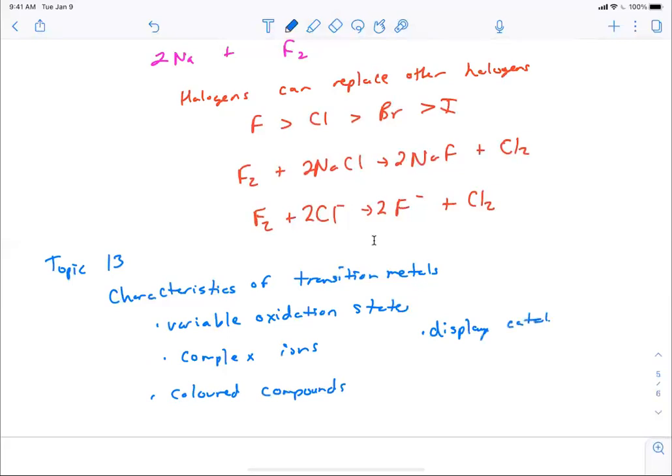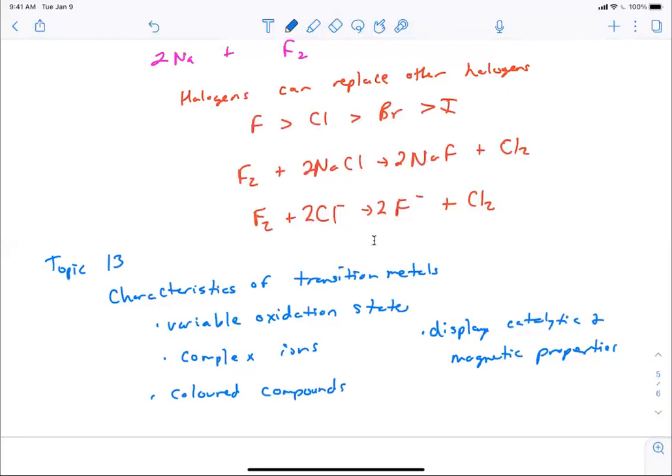They display catalytic and magnetic properties. Do not confuse why transition metals do this versus what the characteristics are. The characteristics or properties of transition elements are that they have variable oxidation states, form complex ions, have colored compounds, and display catalytic and magnetic properties.